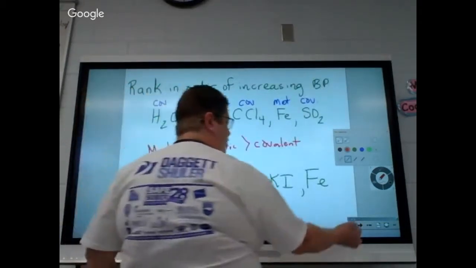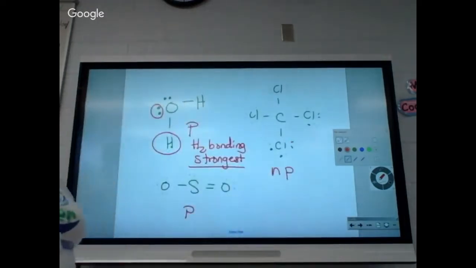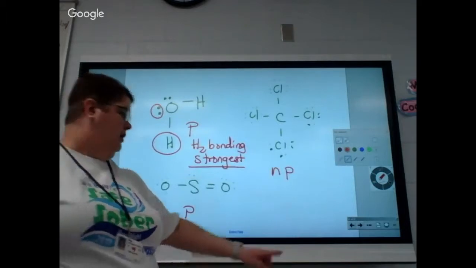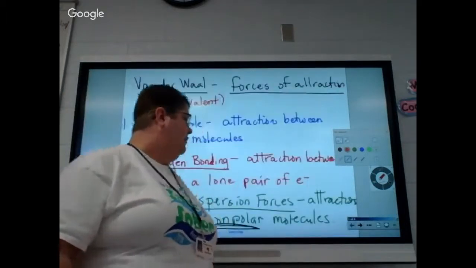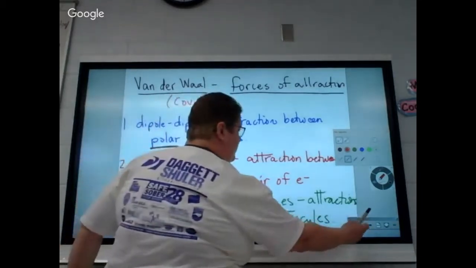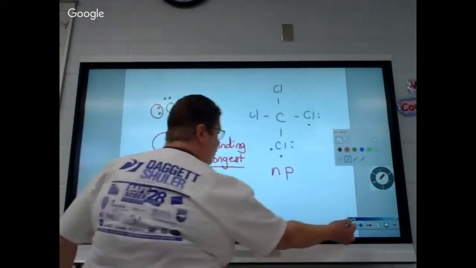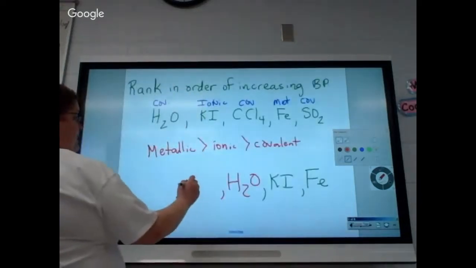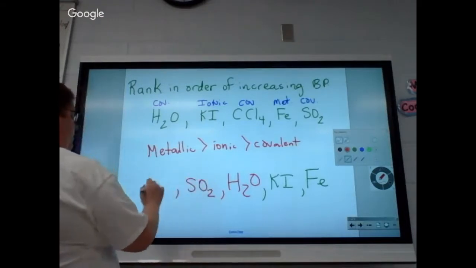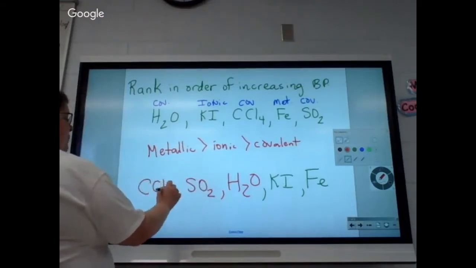Now, for the last 2, who's stronger, the polar or the nonpolar? Polar. That's right. Because if we go back to the rules, the nonpolar was the lowest. It was the weakest. So that means that SO2 is here, and then the weakest, the CCl4, which was nonpolar, goes there.